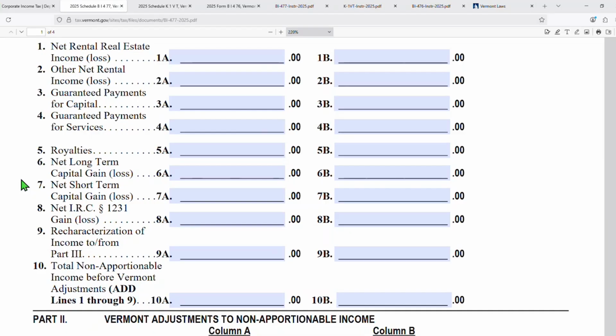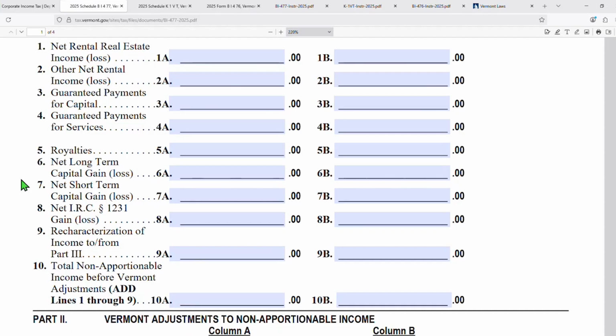And then whatever that 100 is that's coming in, you're going to have to apply the sourcing rule that's appropriate to get a value on 9B. For interest, it's typically sourced to the state of commercial domicile. So let's say, for hypothetical sake, that it's a Vermont domicile business.